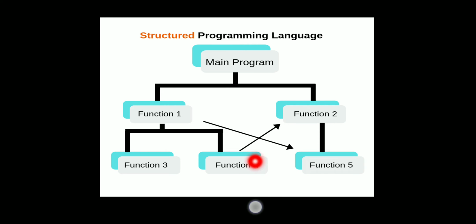Function 4 is related to function 2 and function 1 is related to function 5. It means the whole main program is classified into sub-programs that we call functions. From these functions the program will work.